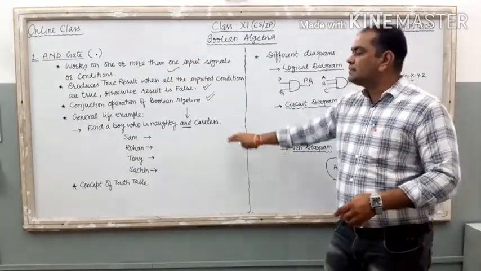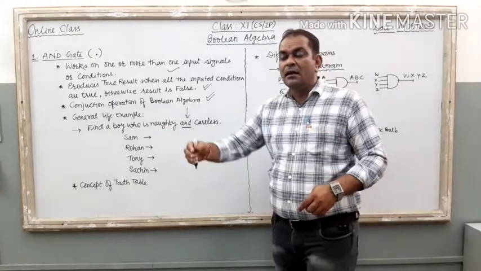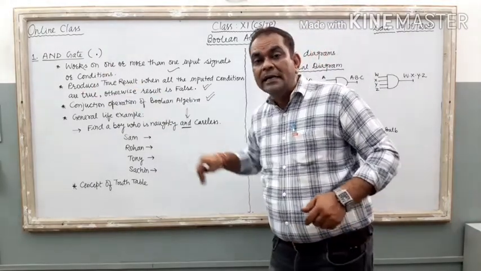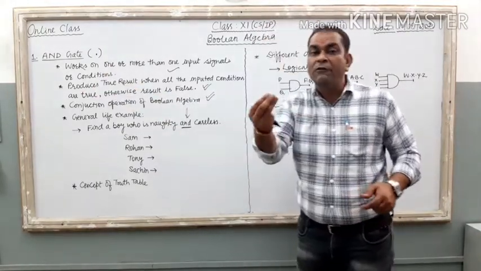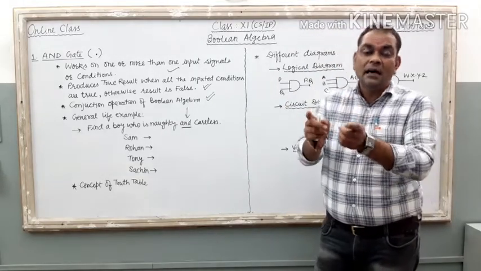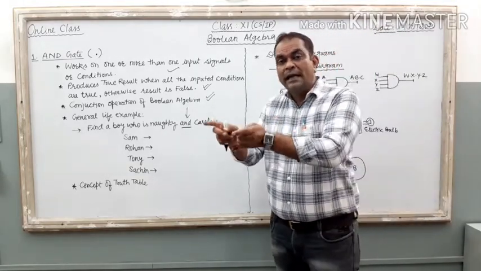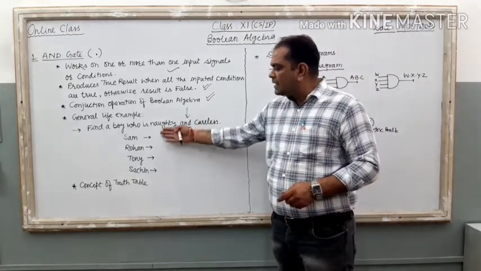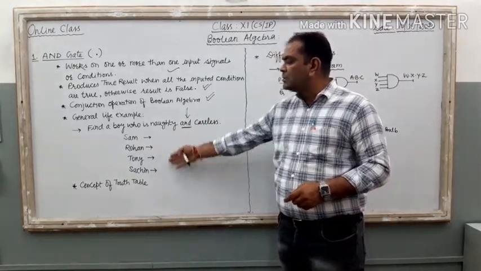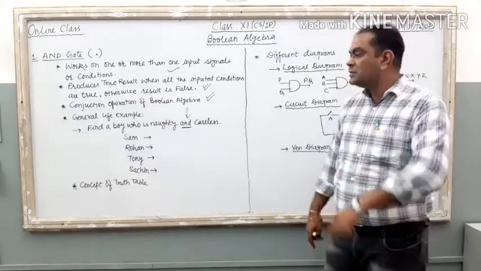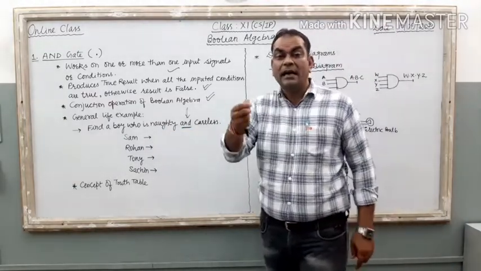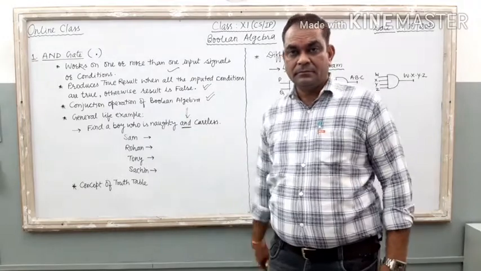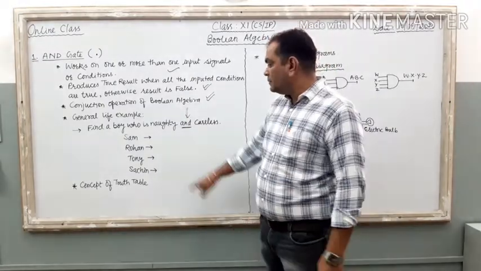Right? Now the teacher gives you a question: out of these 50 students, find out or filter the students who are naughty and careless. Right? So we are going to check this condition on 4 different students. The very first student is Sam, a student in class 11 in some school.